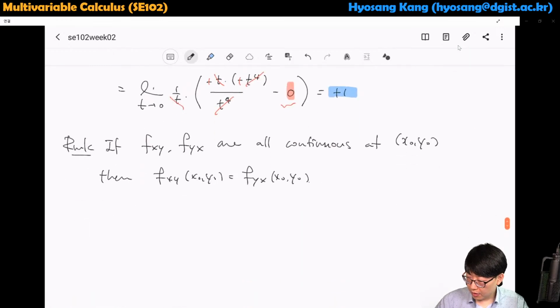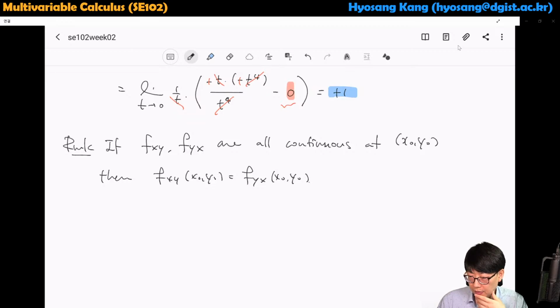But if you have continuous second order partial derivatives, then you actually have the same value, so you can interchange the order of partial derivative. This is a theorem from mathematical analysis. You're not going to prove this, but just remember it.